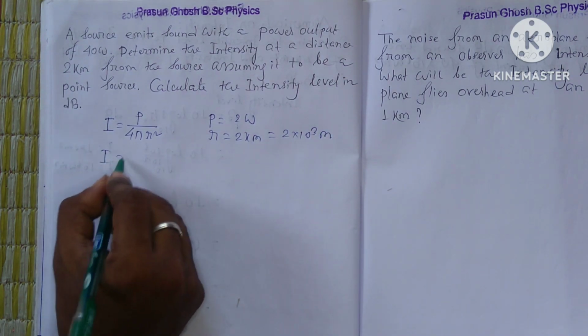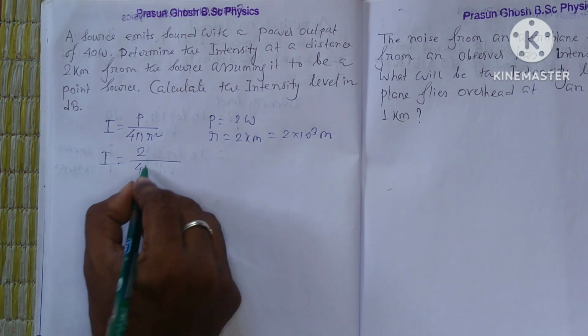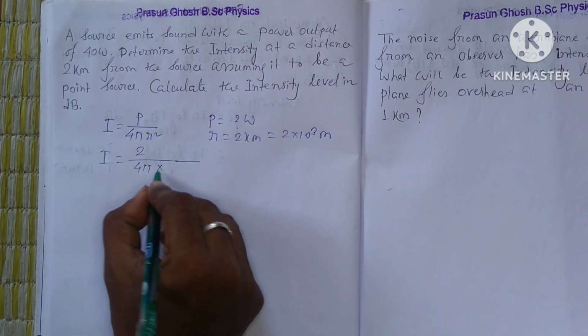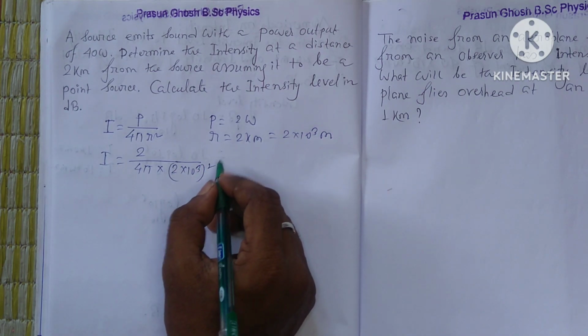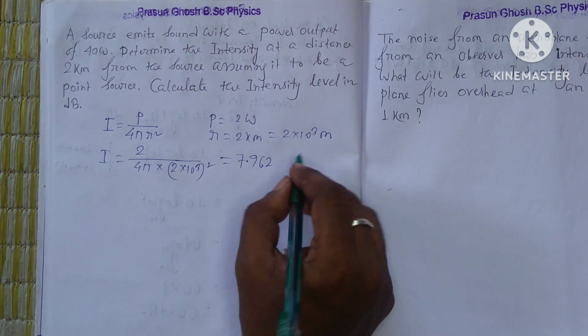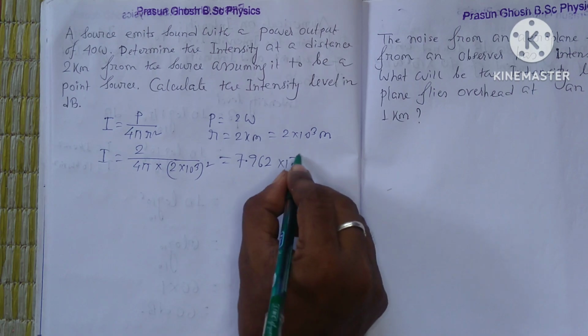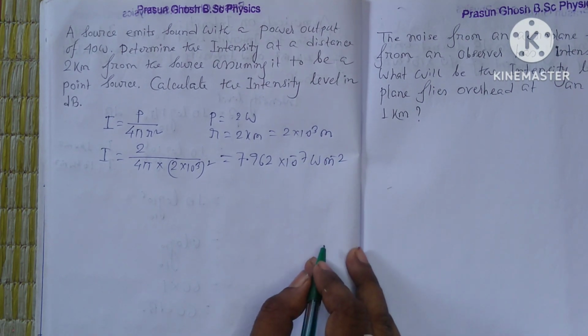So we can write I equal to 2 by 4 pi into (2 into 10 to the power 3) whole square. So this is 7.962 into 10 to the power minus 7 watt meter to the power minus 2.